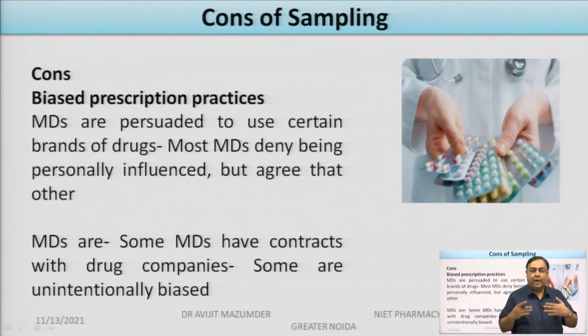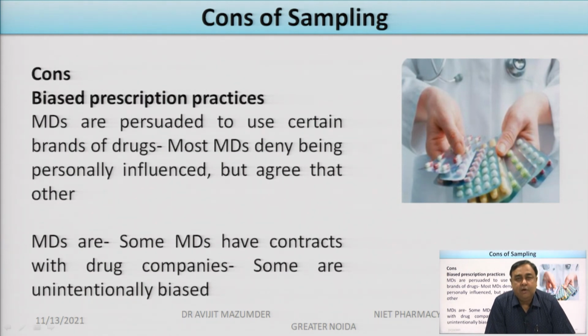Say for example, I am an MD doctor, and I deny that I am influenced whenever I am writing a prescription. It does not come to my mind which company has provided me a gift, which has not. But XYZ fellow, they get influenced whenever they are writing the prescription. This is my own opinion.